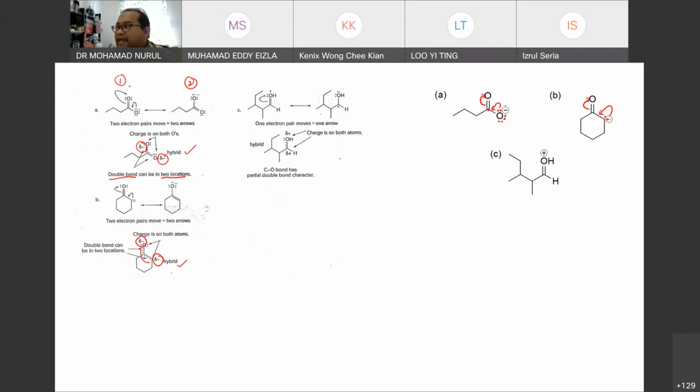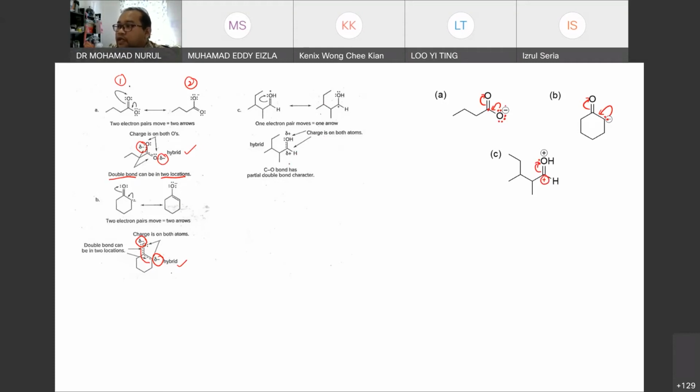Okay, lastly. To make sure everybody understands and is not confused, put a shared electron here. So you can move it here. This one becomes positive.